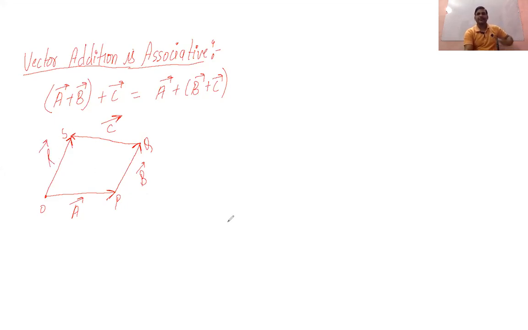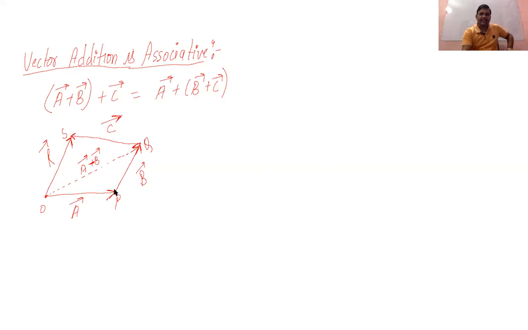If we want to find the resultant of A vector and B vector using the triangle law of addition, what can you write? This will be OQ, the resultant of A and B, so it will be A vector plus B vector. Now use another color to understand.